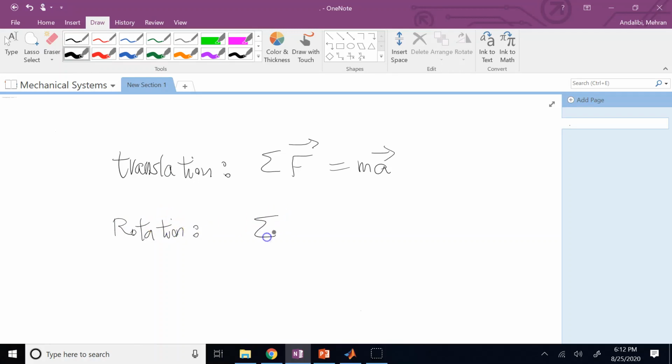you can say that the moment vector is equal to the I matrix times vector omega dot, and then plus omega cross I omega.